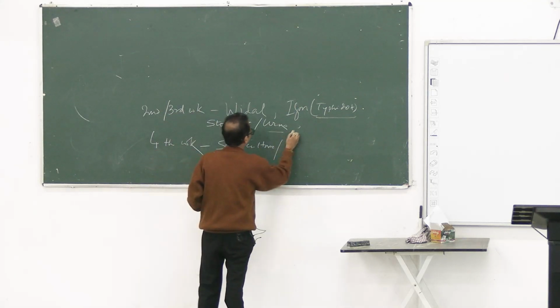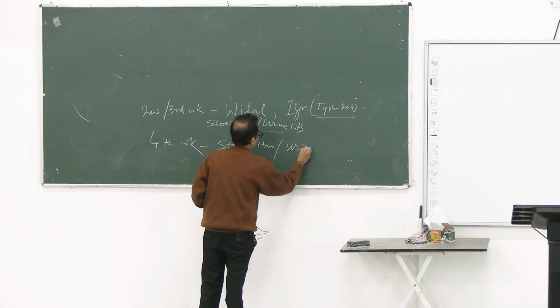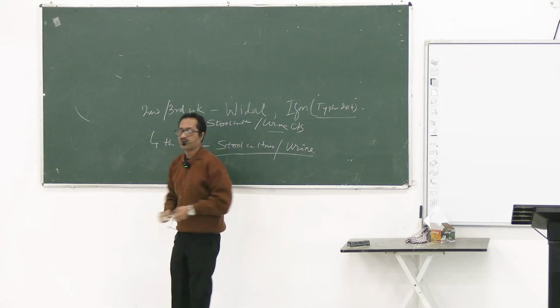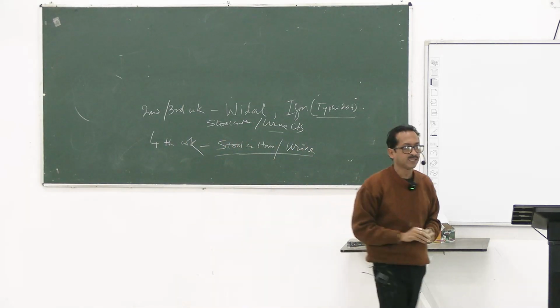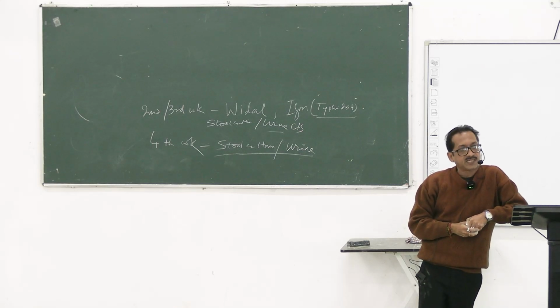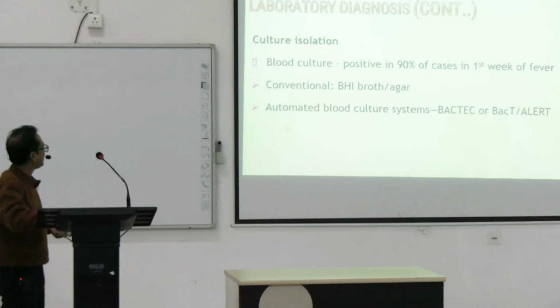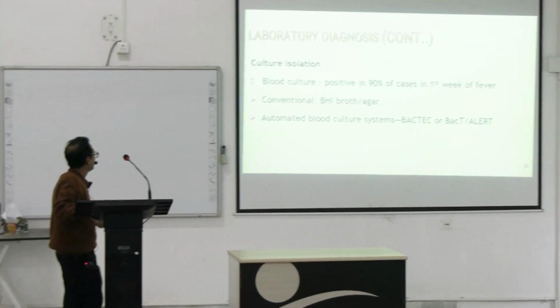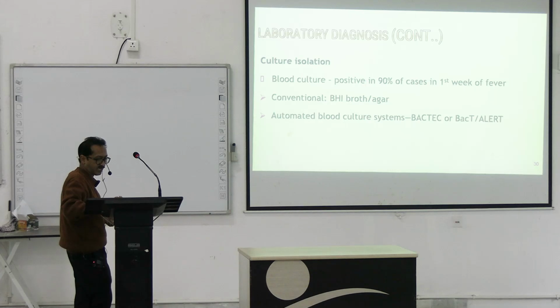So in the second week we can do stool and urine culture, and also in the fourth week, not only for diagnosis of the case but also for diagnosis of the carrier. In the fourth week we can detect the carrier by culturing the stool and urine. Blood culture is positive in 90% of cases in the first week. BHI broth or conventional methods, or the automated blood culture method, can be used.